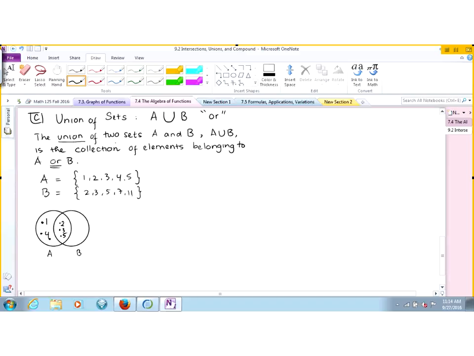Okay, and then in A you'll have 1 and 4, and this has 7 and 11. So which one is A union B? No, that's A intersection B. Before, it had to be belonging to both A and B. This one is belonging to A or B.